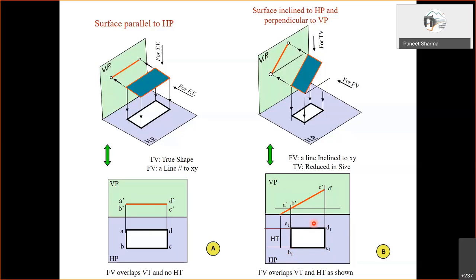But for the rest of the diagram in general, whatever the distances of these points are, like how far this D is from the XY line, that distance can be marked on this projector to locate D1. How far this C is from the XY line, that distance we use to locate C1. Like this we can locate all of them.